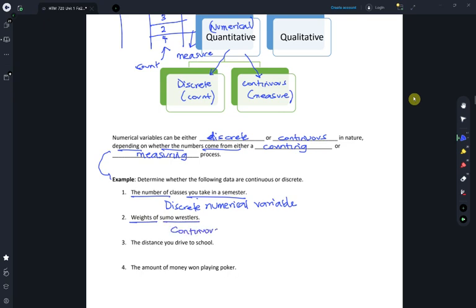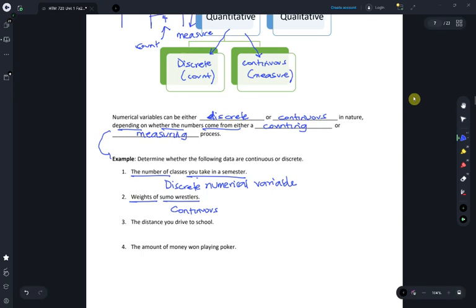Absolutely continuous because we're measuring. What about the distance you drive to school? I use a speedometer, and so to measure, and this is continuous. What about the amount of money one playing poker? If this is measured in chips, then we're counting all the way to the bank. So you have discrete.